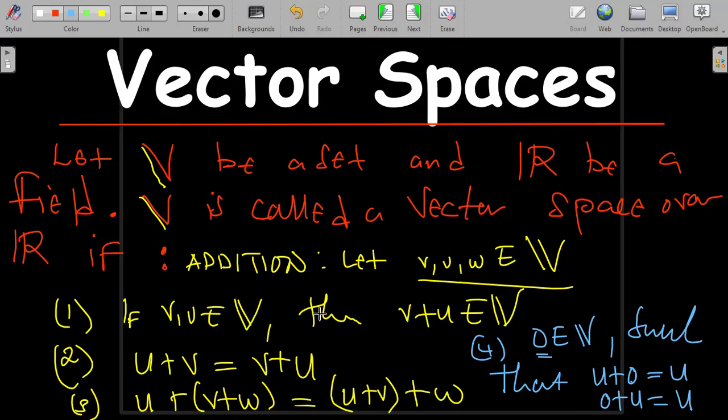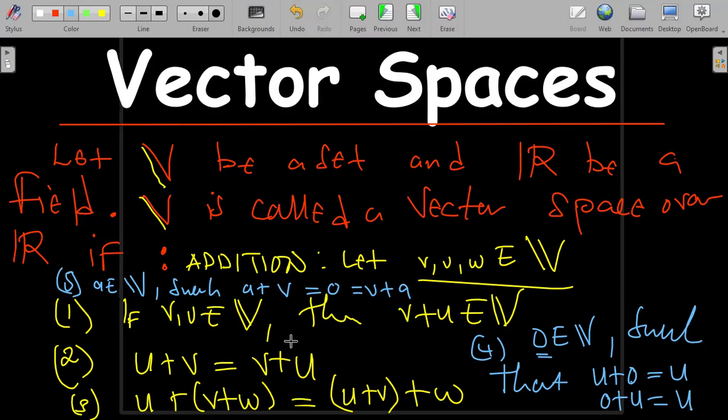The last condition under addition is that there exists a vector, let me just use another letter, a vector A, which is a member of this set, such that A plus V gives me 0, or V plus A gives me 0.